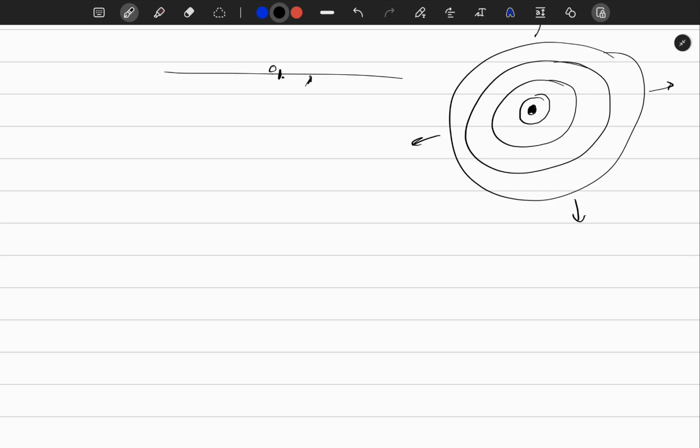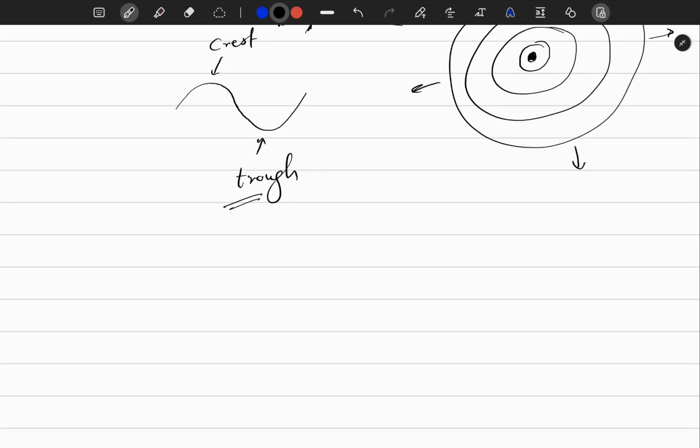So we identify the wave motion with the help of crests and troughs. The peak is called the crest, and the valley is called the trough. So this is crest and this is called trough.